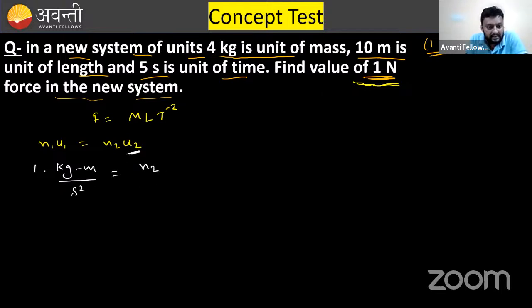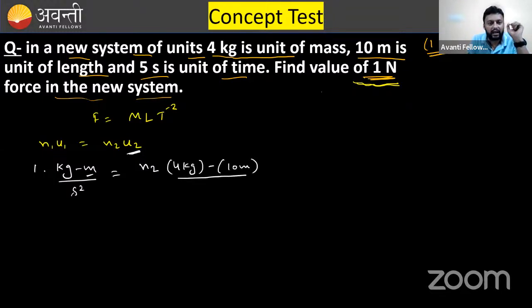Now, the unit in this situation is not the normal unit, it is 4 kg. In place of kg, you should write 4 kg because the question says the unit of mass is 4 kg in a new system. And the unit of length is 10 meter. So in place of meter, you should write 10 meter.